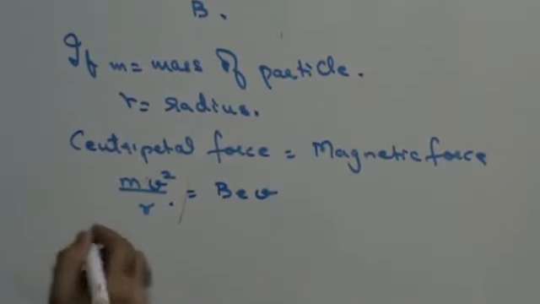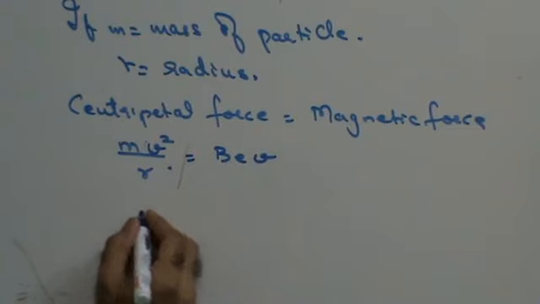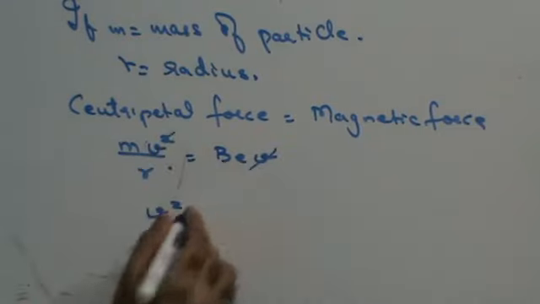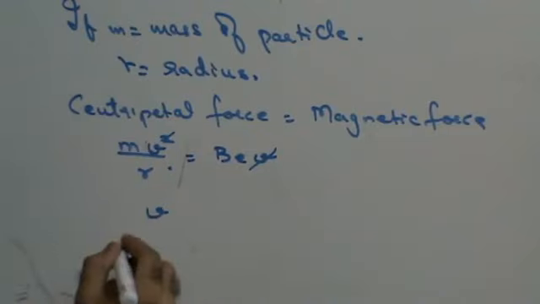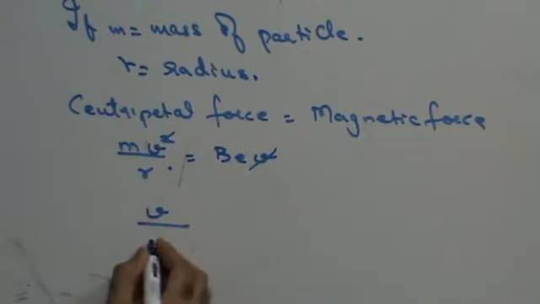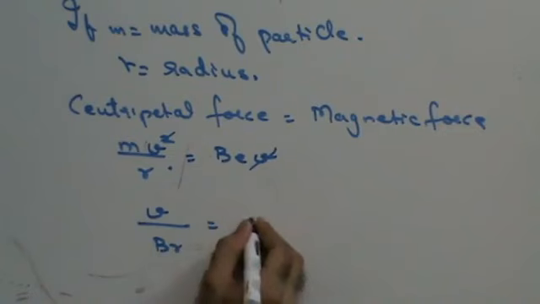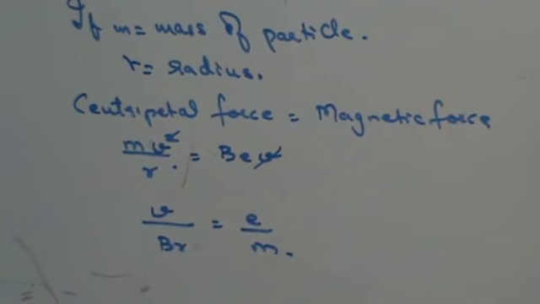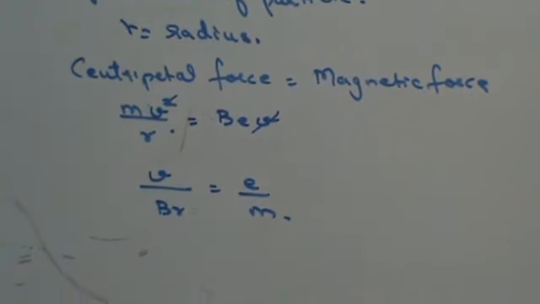So in which case you can say that v square, and this will get cancelled, so I will get v upon Br equals e upon m. Therefore, the ratio e upon m is equal to v upon Br.